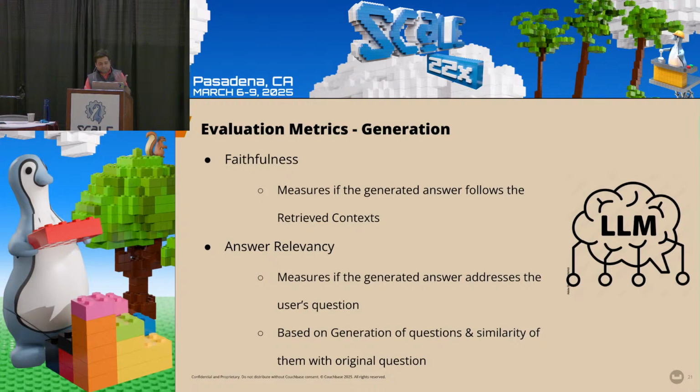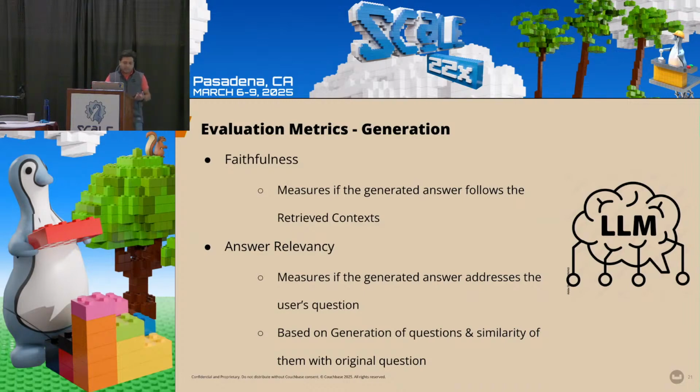There's another component which is called answer relevancy. It measures if the generated answer addresses the user's question. And how does it work? Essentially, you take the ground truth answer and generate questions based on the answer using an LLM.